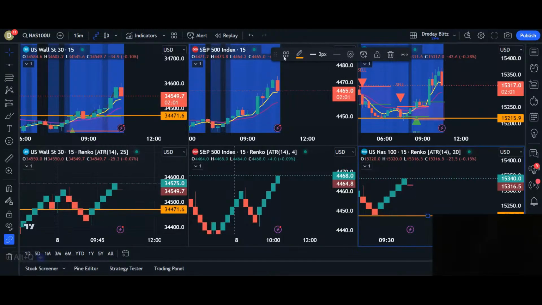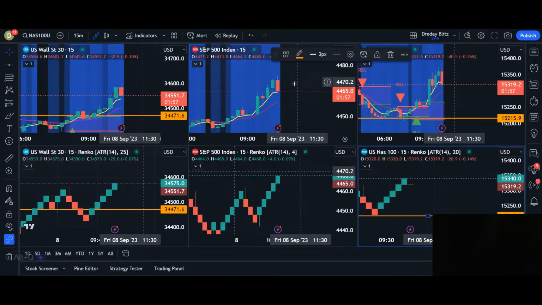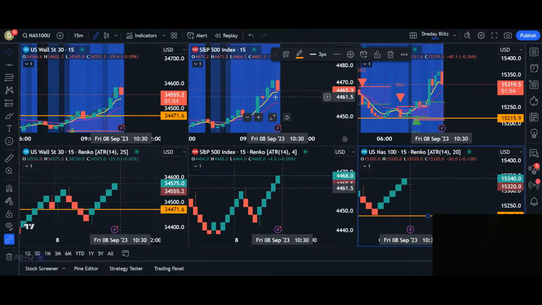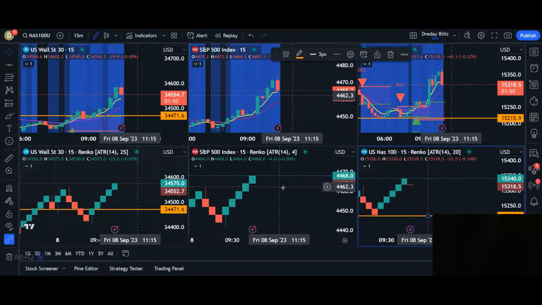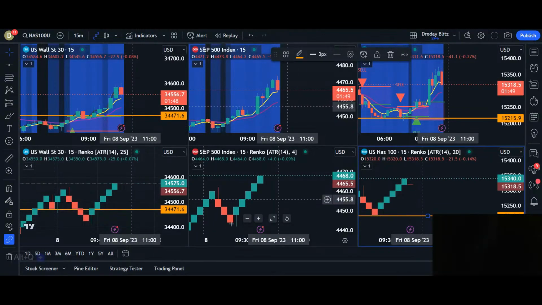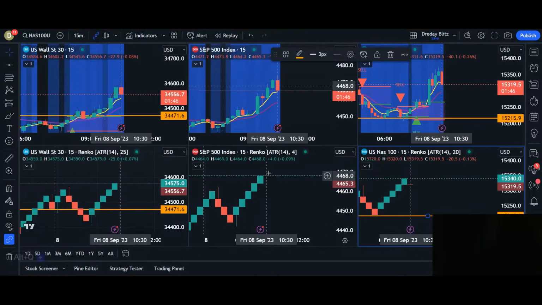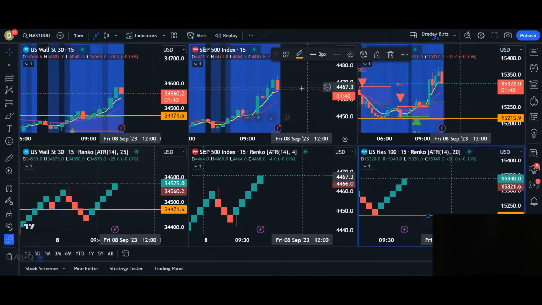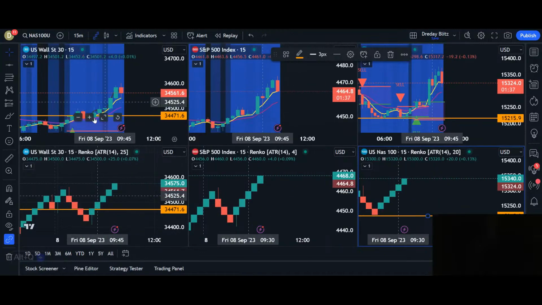S&P 500 here is still showing long. We're just waiting for the Renko bar to be created here. So this move was already completed. So we're waiting for the next Renko bar to decide if we're out of the trade or into the trade still.